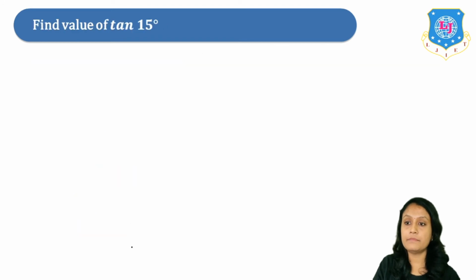Okay, next let's solve a few examples. So here we have to find the value of tan 15 degree. So this tan 15 we can write as 45 minus 30. Again we'll use the formula of tan alpha minus beta.